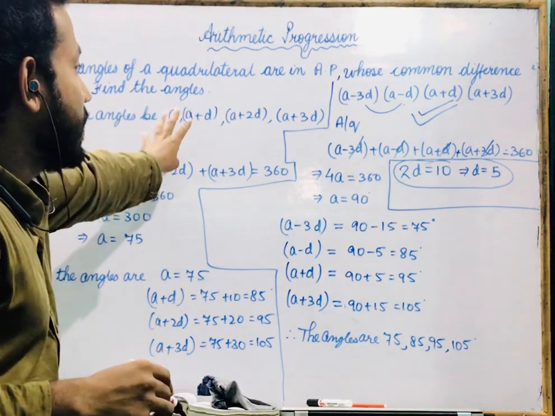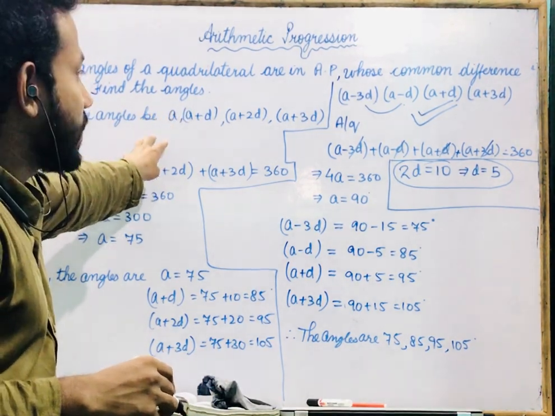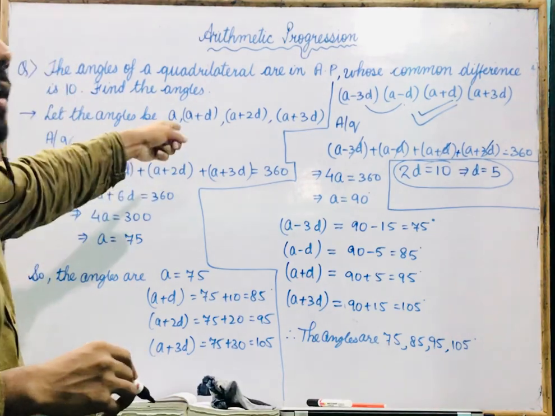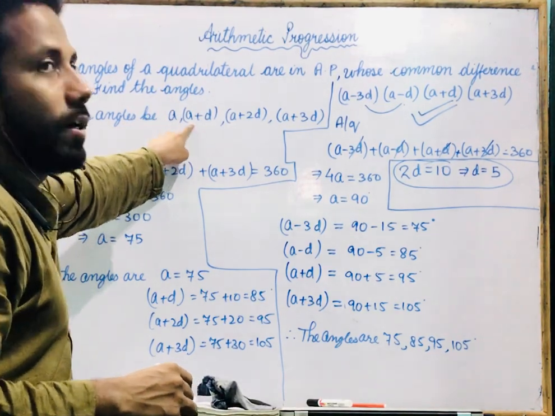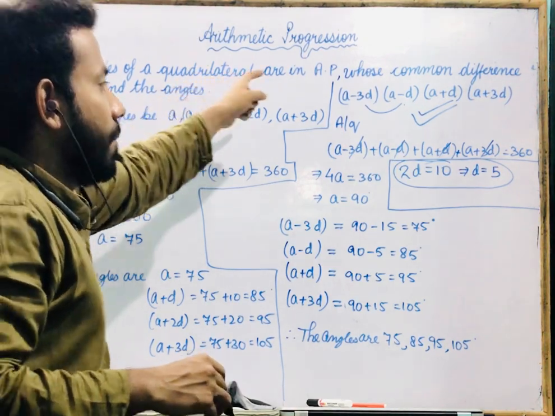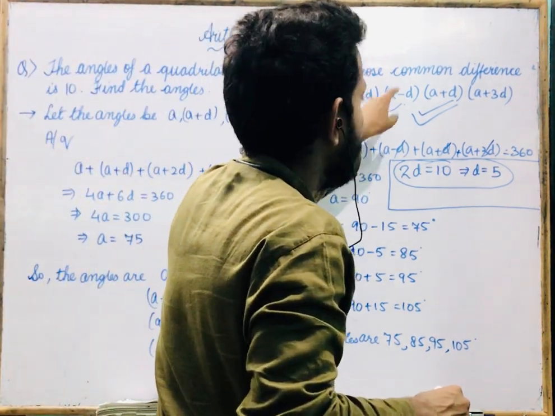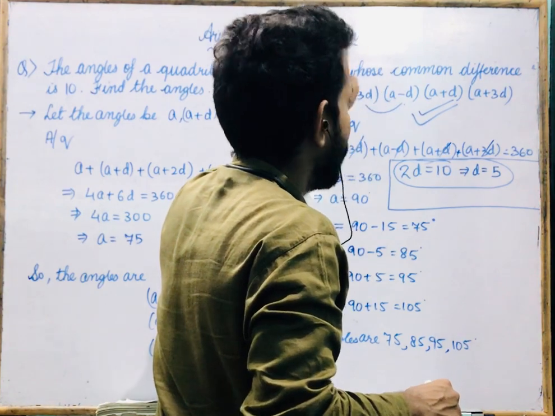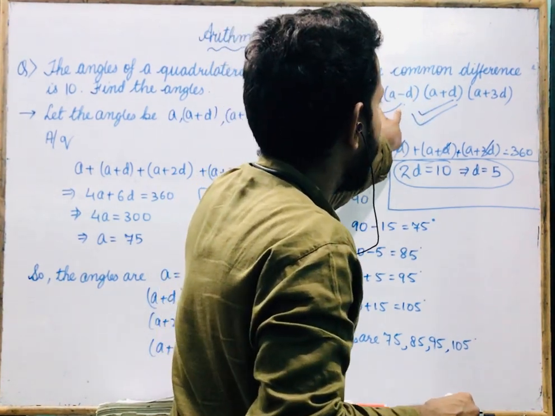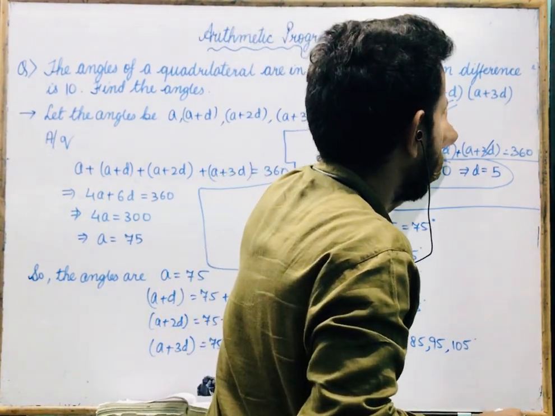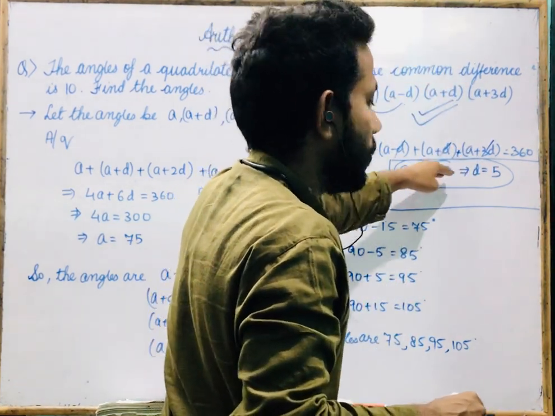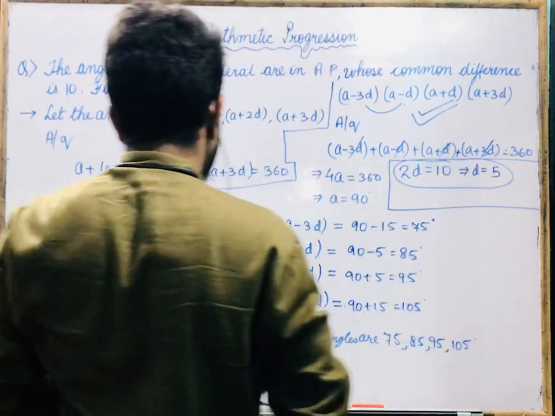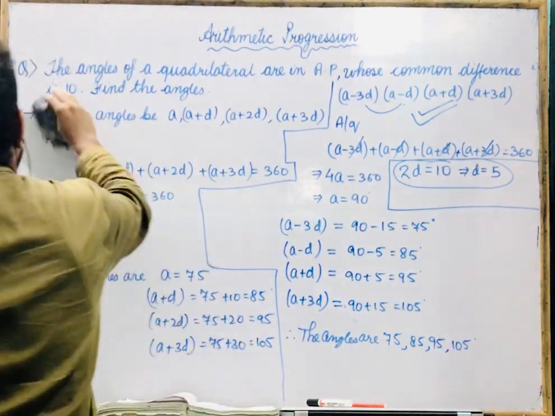The pattern which I have taken this side, इसमें डायरेक्ट था, common difference is 10, तो D equals to 10 आ गया। पर ये जो पैटर्न लिया था इसमें कॉमन डिफरेंस तो 10 दिया था, पर इन दोनों के बीच का डिफरेंस 2D था, तो इस प्रोसेस में 2D equals to 10 हो जाएगा, so D will be equal to 5.